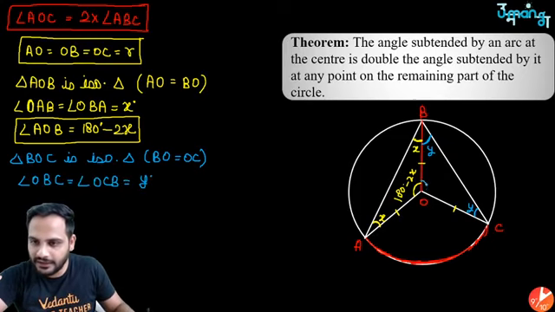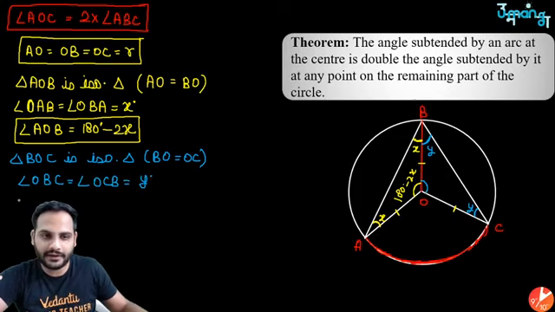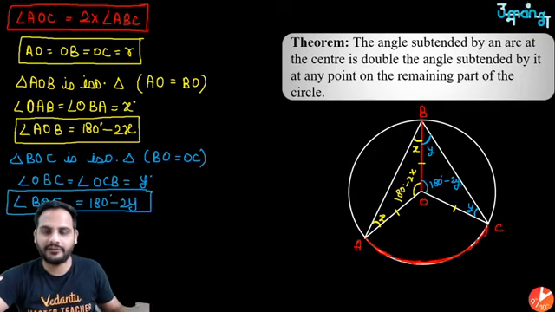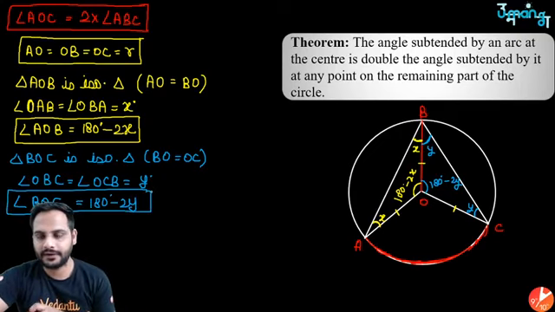So the remaining angle, again by angle sum property, angle BOC will be equal to 180 minus 2y. This is the information that we have got.